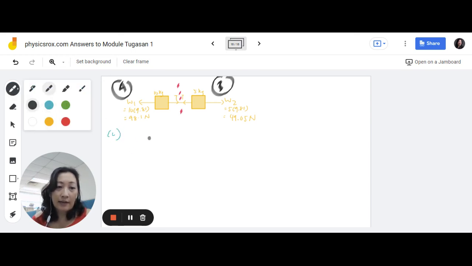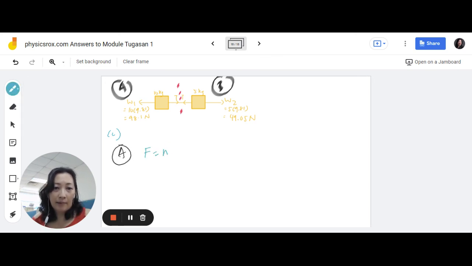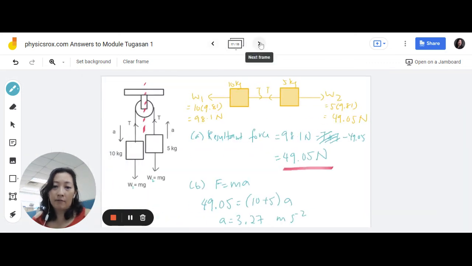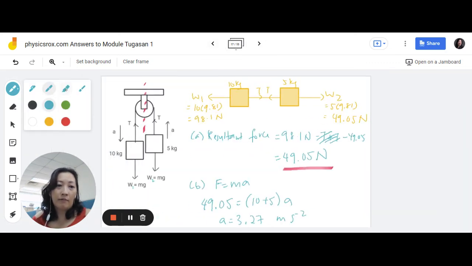For the left side, which we'll label as A, F equals MA. Because now we know the object is moving to the left, that means W1 is more than T. So W1 minus T equals 10 times the acceleration, 3.27.